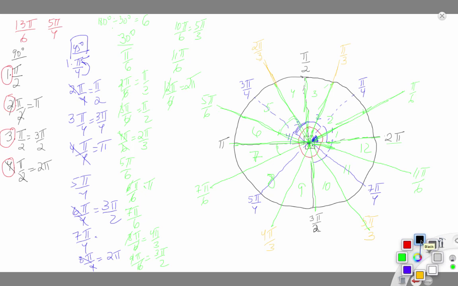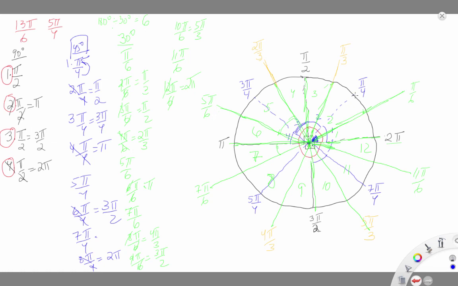And here's the logic. In black, you're seeing the 90-degree angles. What I really did is I counted 1 pi over 2, 2 pi over 2, 3 pi over 2, 4 pi over 2. When I simplify them, these are the radians I get. Then I went in blue with my 45-degree angles, and I did the same thing.